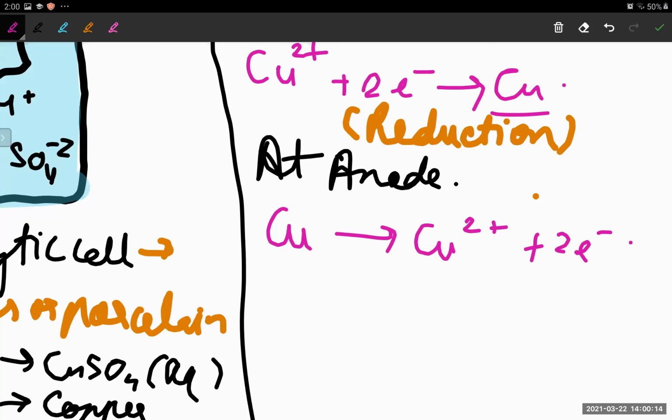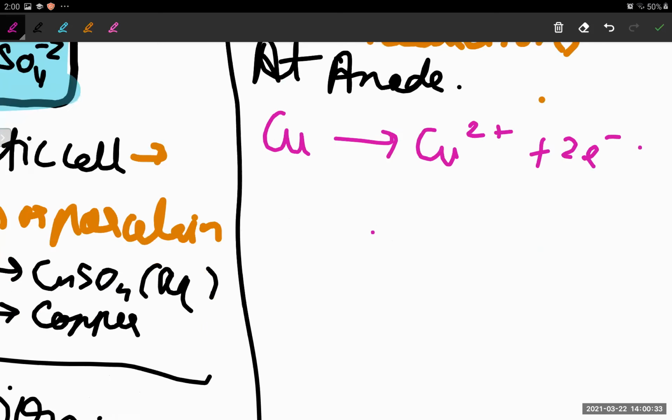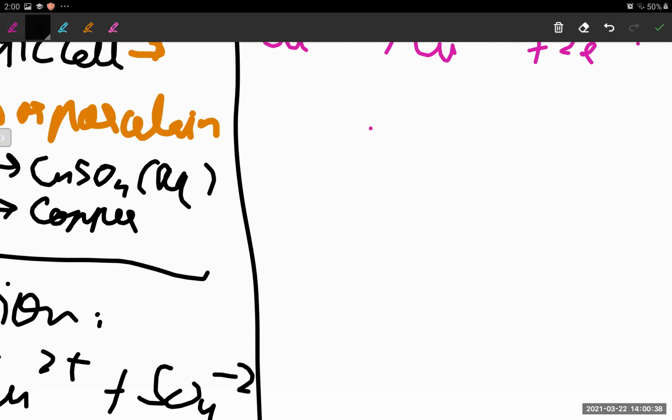Now it will become the ion again. It will go to the anode and give away electrons, because the anode is positive. It wants some electrons. It will take the electrons out of the Cu and it will again have the Cu2+ charge. Now, let's write the products.